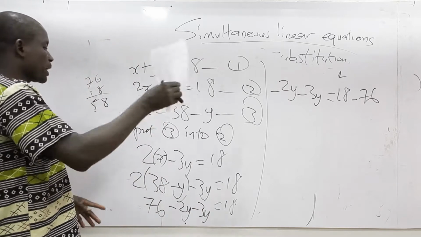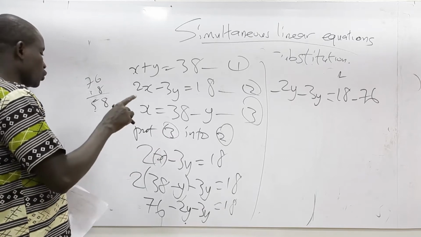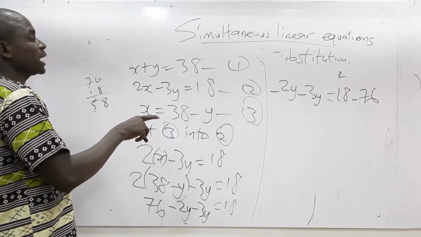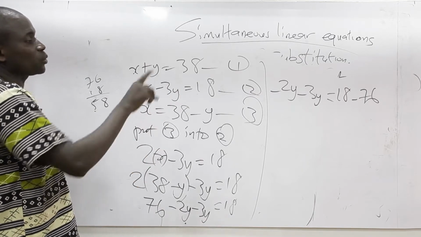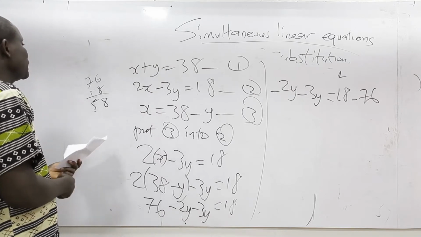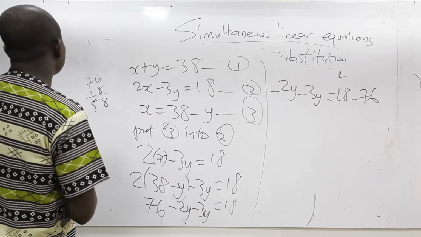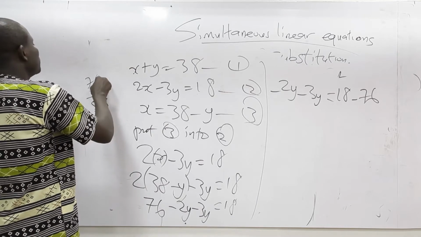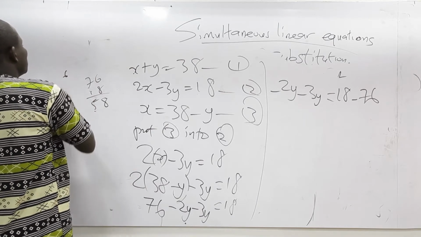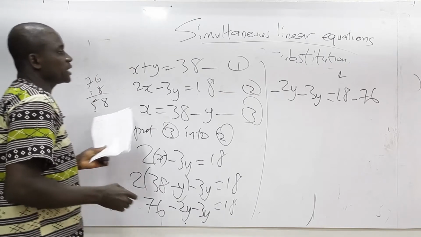So when we come here, we have negative 2y minus 3y is equal to 18 minus 76, which gives negative 58.